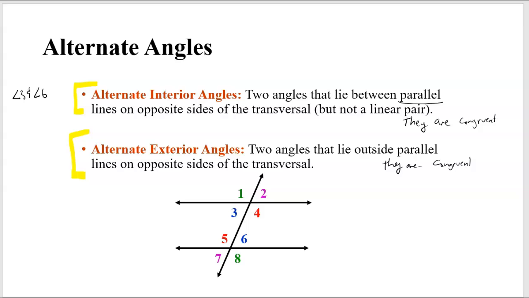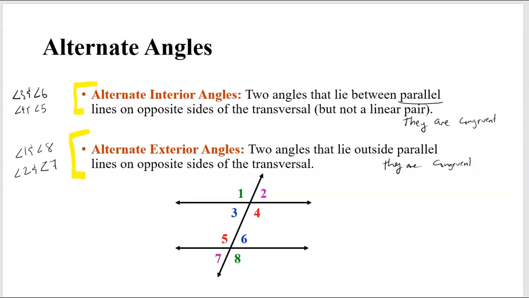Okay, 4 and 5, notice again, they're color coordinated. So 4 and 5 would also be in that same box. Okay, on this one, exterior, so that means they're on the outside. So 1 and 8, notice that they are color coordinated. And 2 and angle 7 are also coordinated. So those are both alternate exterior angles.